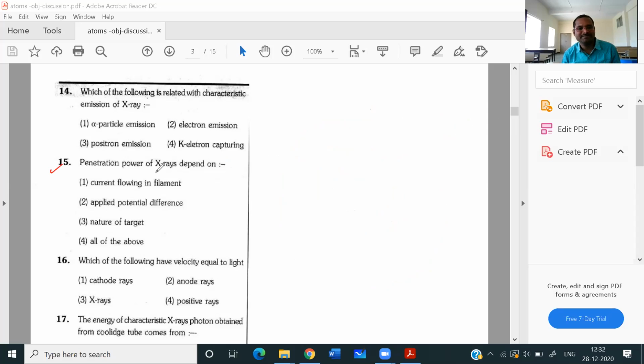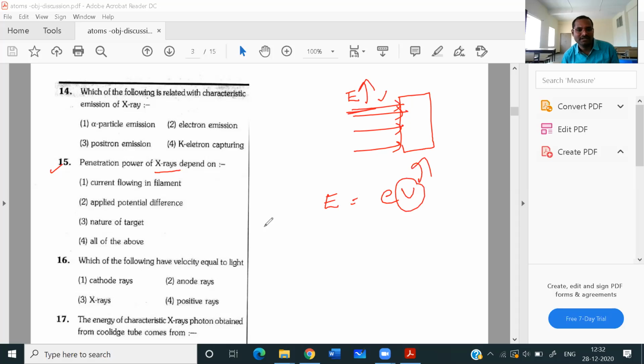Next, the 15th one. Penetration power of X-rays depends upon. Penetration power means they have to penetrate through things like thick walls. X-rays can penetrate thick walls when their energy increases. How can we increase the energy? By increasing the potential difference. So penetration power of X-rays depends upon the applied potential difference.